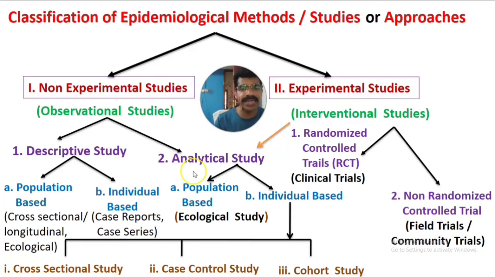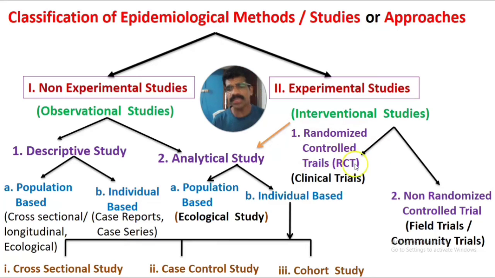Both descriptive study and analytical study include two types of study based on the number of people, that is population based and individual based. Population based study under descriptive study includes cross-sectional study, longitudinal study and ecological studies. Individual based study under descriptive study includes case reports and case series. Population based study under analytical study includes ecological study, and individual based study under analytical study includes cross-sectional study, case control study and cohort studies.